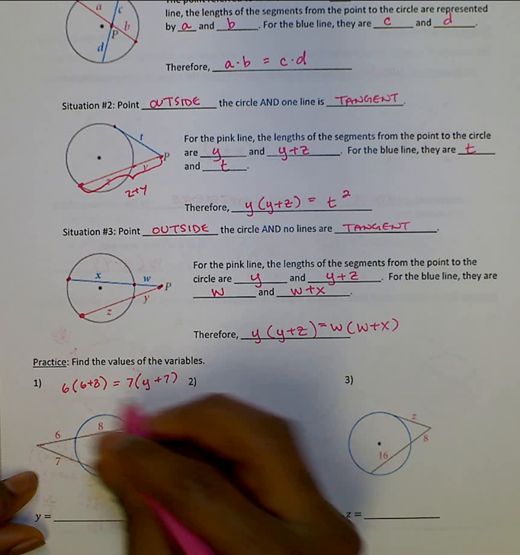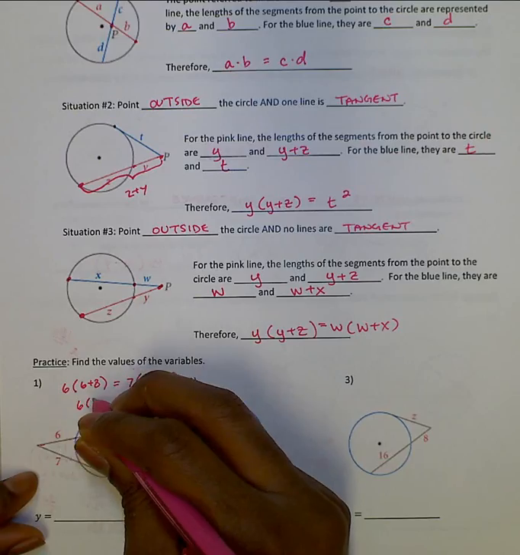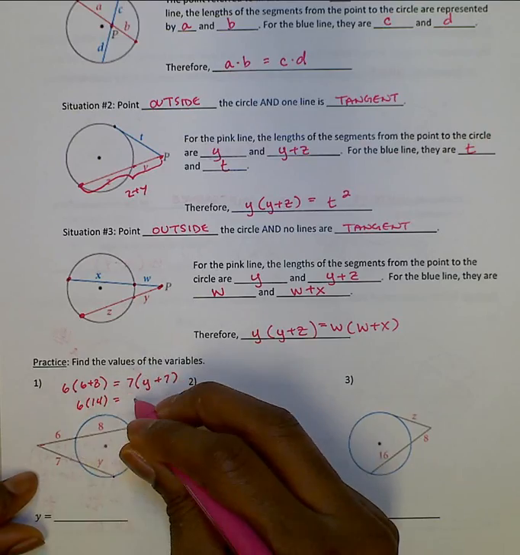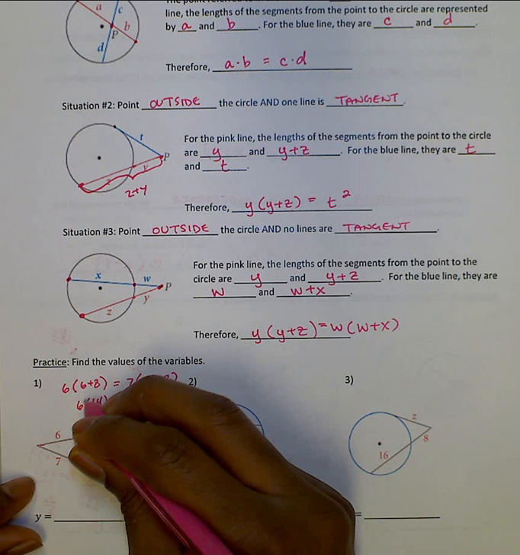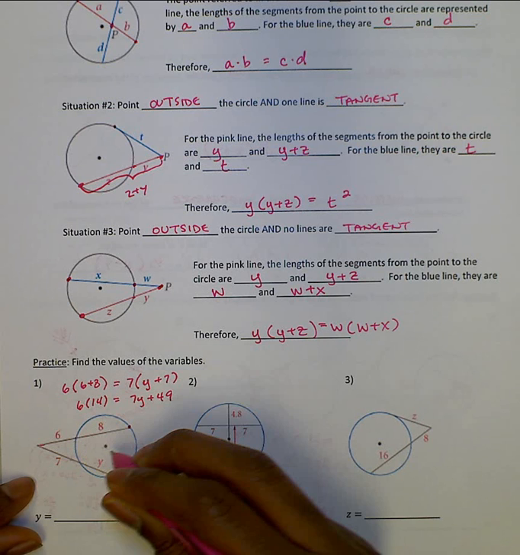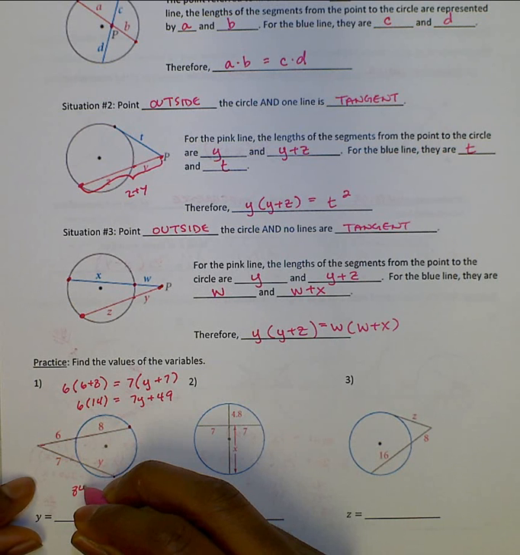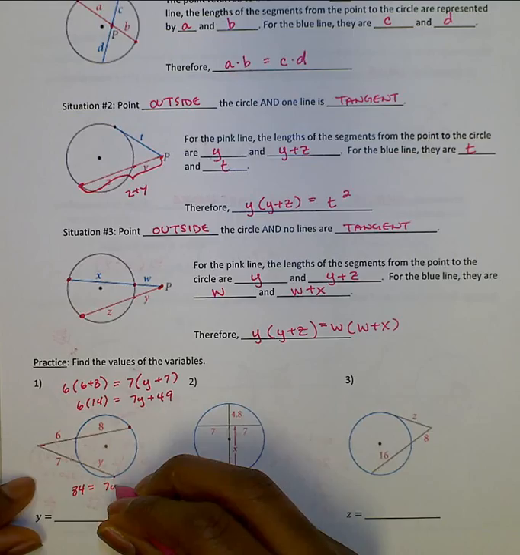So we're getting 6 times 14 equals 7y plus 49. Here I'm just multiplying. On this side I'll get 84. I'm going to write that down here. 84 equals 7y plus 49.